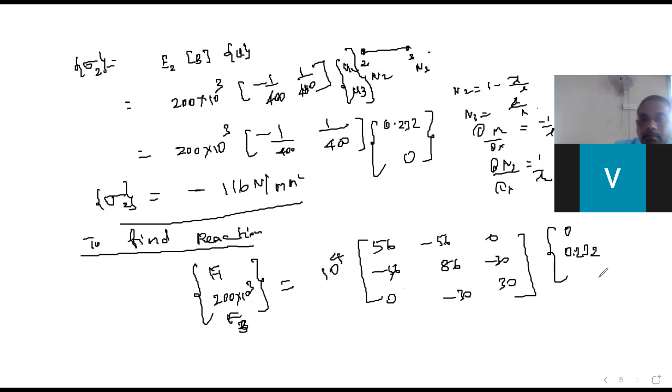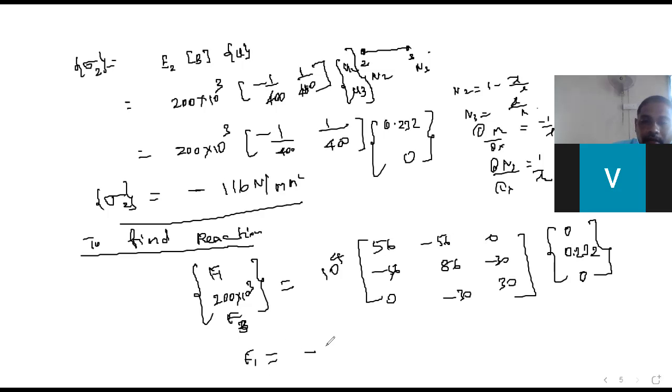U3 is also 0. Okay. And if you simplify this equation, if you multiply it, you will get F1, and you will be getting only the value of minus 56 into 10 power 4 into 0.232.